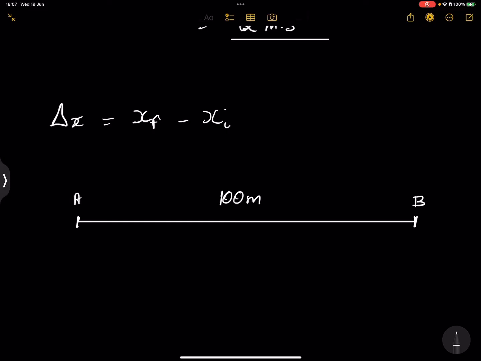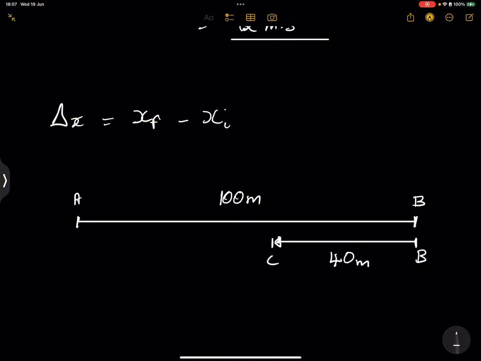So 100 meters from A to B, and now they decide to make a turn, and they come back, let's say 40 meters. Now they're moving from B till another position C. So this is from B till C. They make a U-turn of 40 meters, right?